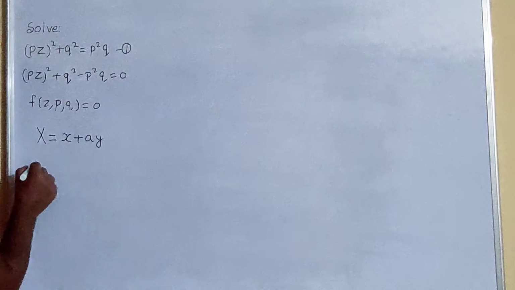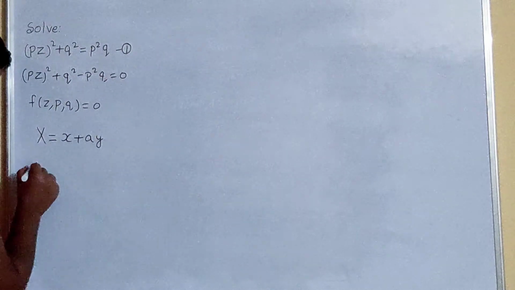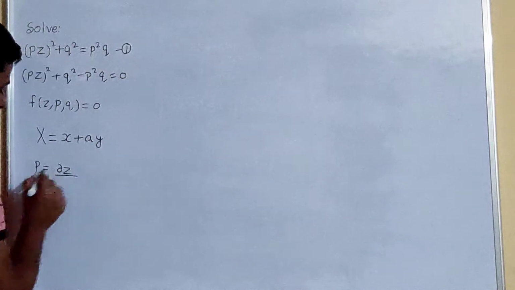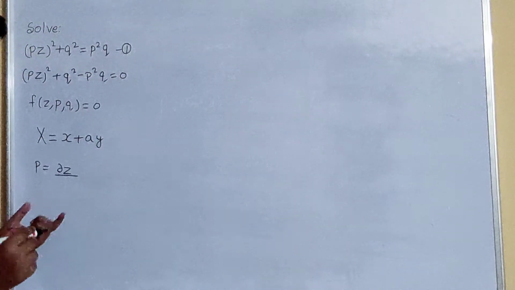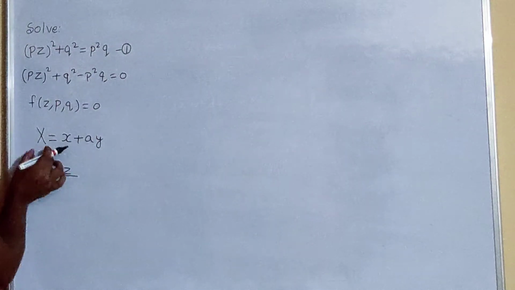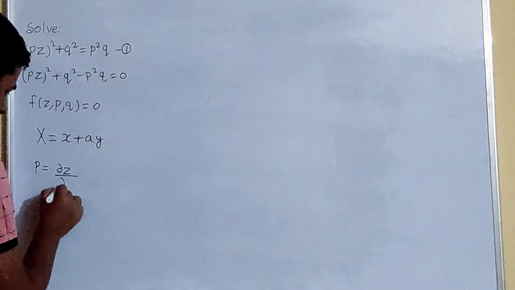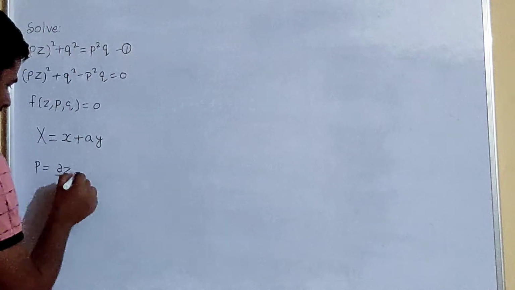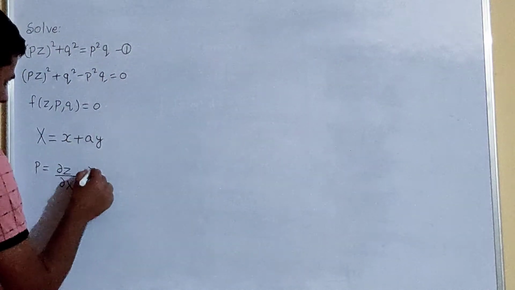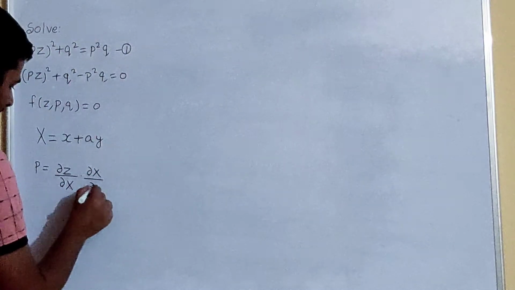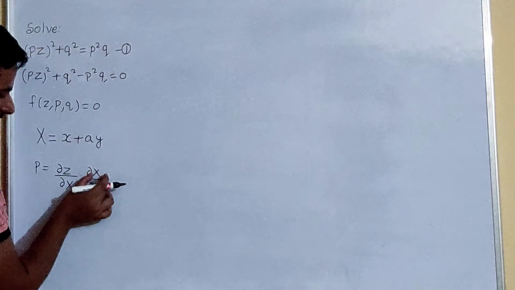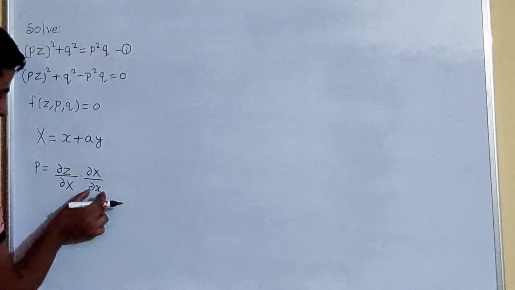But first of all, before that, I need to find my p. So p is basically del z by del small x. But z is a function of capital X, so del z by del capital X, and further capital X is a function of x, so I am differentiating capital X partially with respect to x.